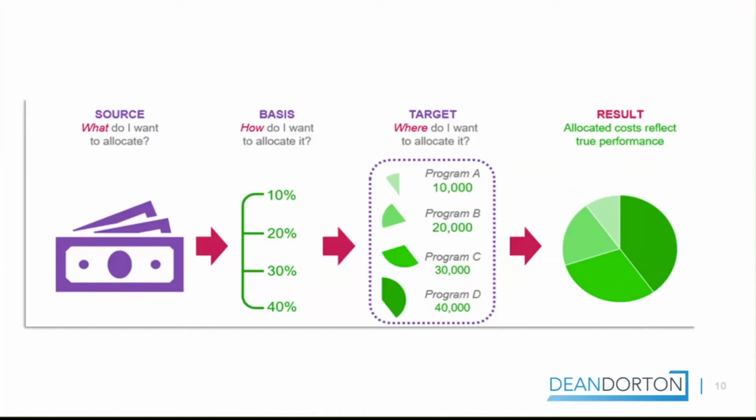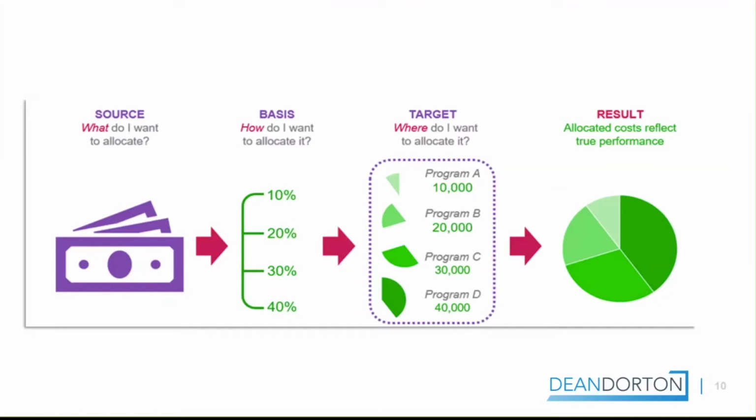So let's talk about the design. The design of dynamic allocations is pretty simple, pretty logical. It's looking at a few different factors, one of them being the source pool. The source pool is the group of costs that you're looking to allocate. So if you think about what question each of these answers, the source pool answers the question, what do I want to allocate?